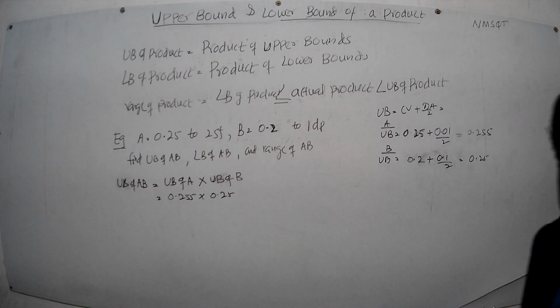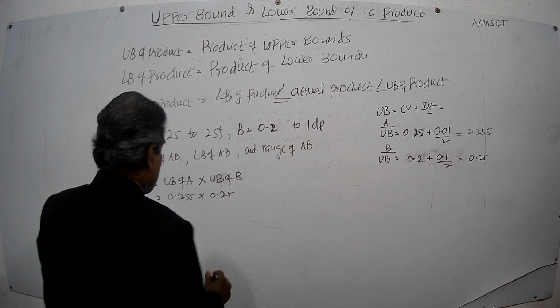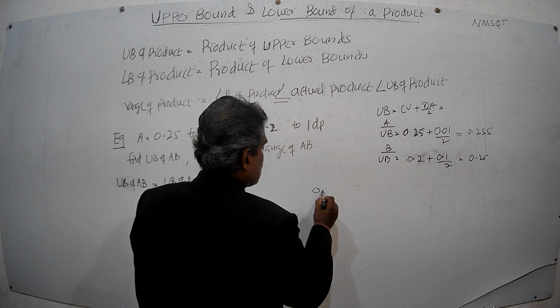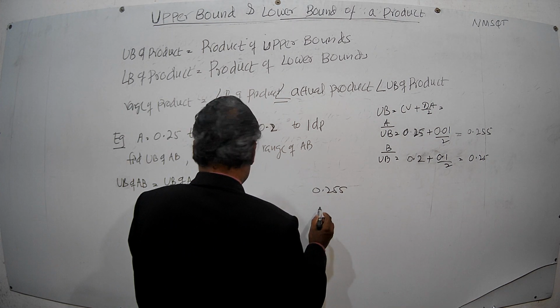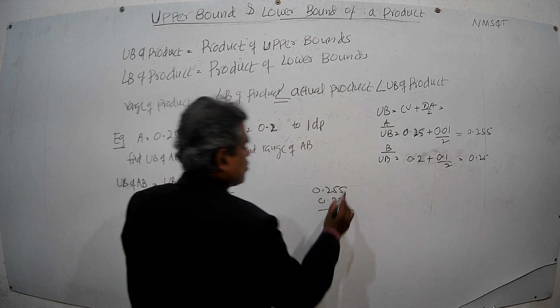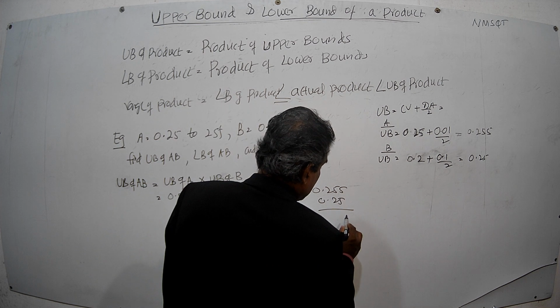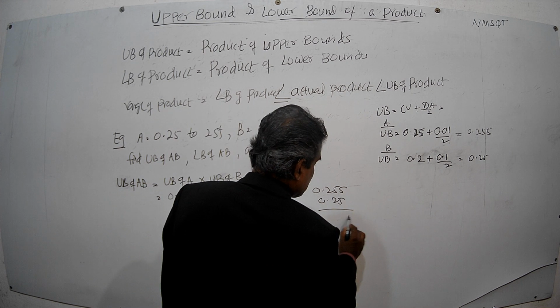We will multiply 0.255 into 0.25. Okay, 25 times 5. 25 times 5 is how much? 125. Out of 125, put 5.